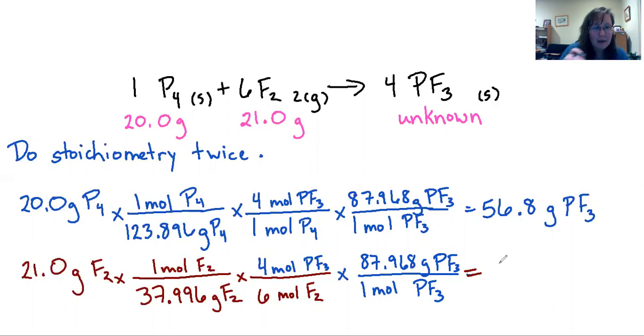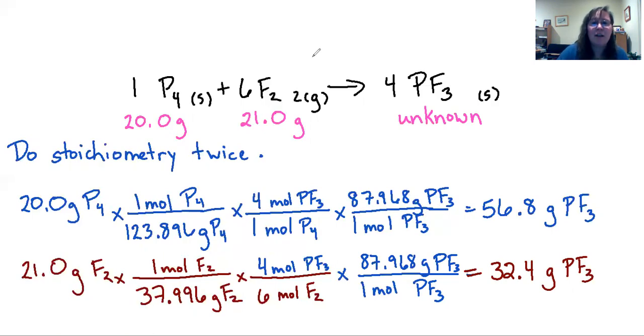And now on my calculator, I have to put divided by 37.996 equals, and then divided by 6. And the answer that I get here is the same answer that I had on the other board, 32.4 grams of PF3.